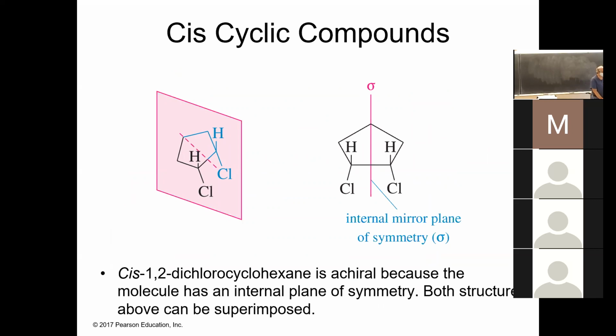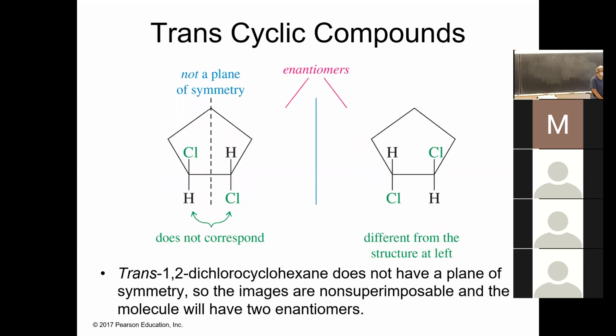Here's another example of a plane of symmetry where we have a cis cyclic compound. So this cannot be chiral. The trans isomer, though, can be and is. These are non-superimposable mirror images.